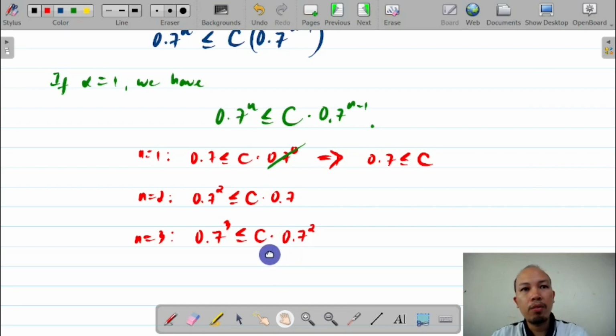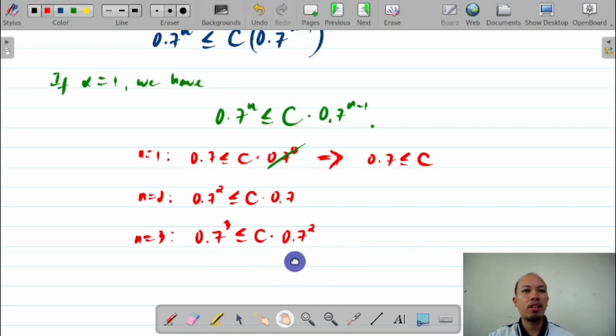How about if we replace it by 0.8? Will this inequality hold if you try bigger than 0.7?